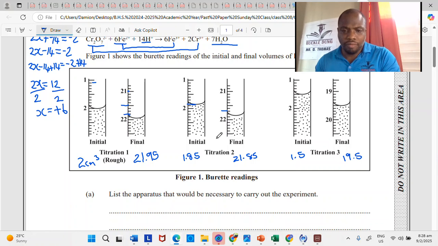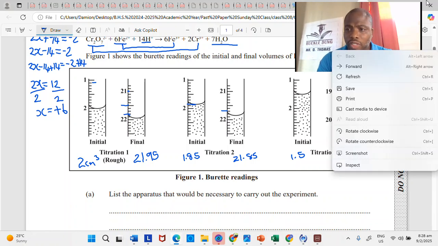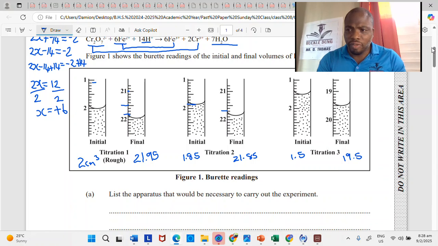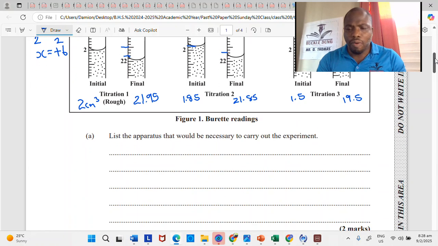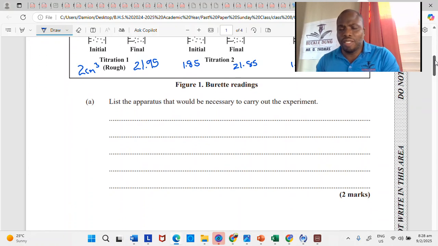So the next question, we just do that. Please, what you can do, ensure that you read the questions in their entirety. For this, it says list the apparatus that would be necessary to carry out the experiment.